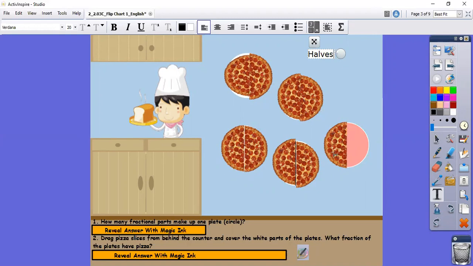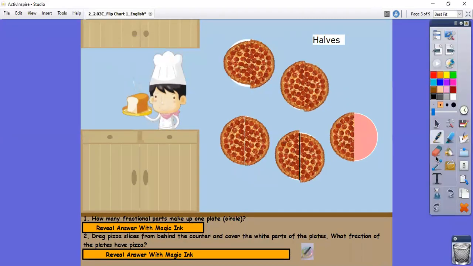I can see pretty clearly here that this is cut in half. Half the pizza is colored in, half the pizza is red. So again, I'm working with the fraction of halves.